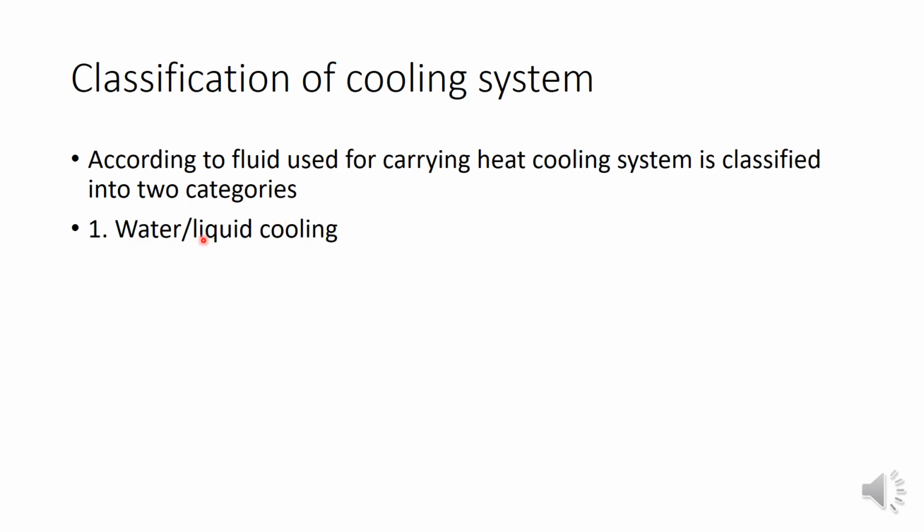The first one is water cooling, also known as liquid cooling, in which the main coolant used is water or water with some additives. The second one is air cooling, where the fluid used for transferring heat from the engine is air. First we will discuss the water cooling of IC engines.